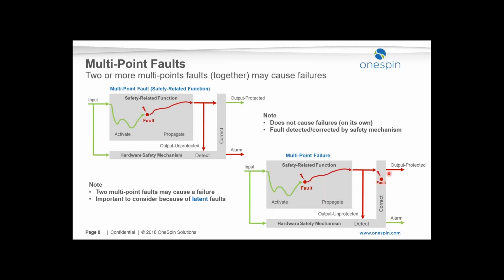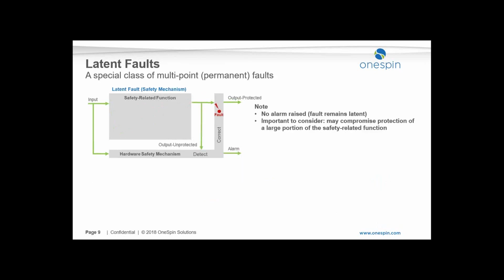So maybe you get a latent fault in the safety mechanism that breaks it, a permanent fault, and maybe after 2 years' time, suddenly you get a bit flip in the safety-related function, and right when you would need the safety mechanism to do its job, actually the safety mechanism is broken, and you didn't know about it, nobody warned you, you didn't get any indication of it, and suddenly you run into problems.